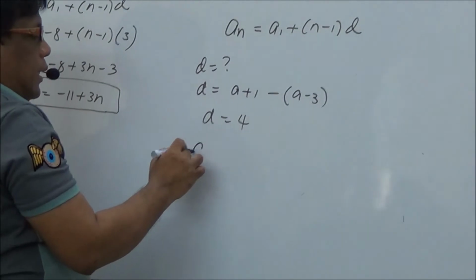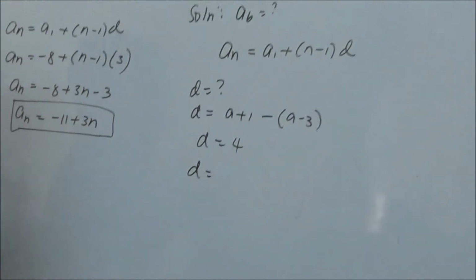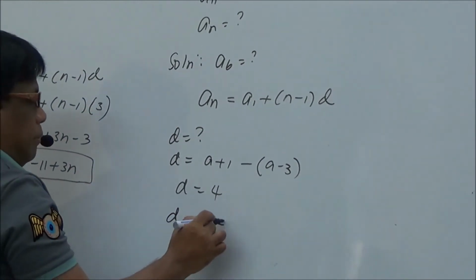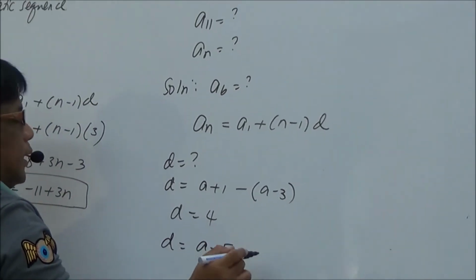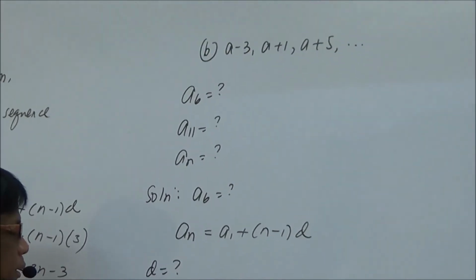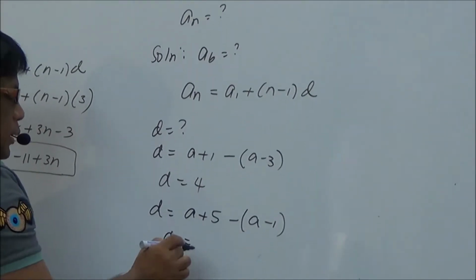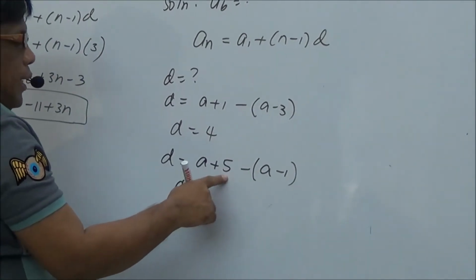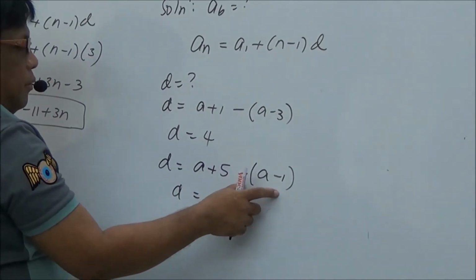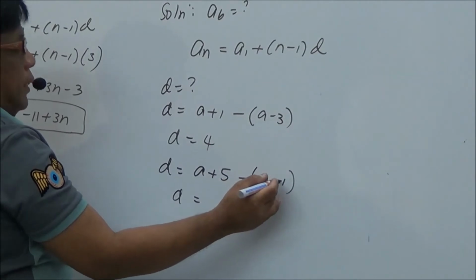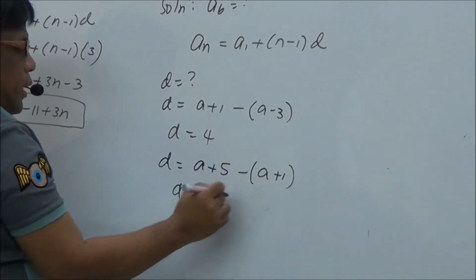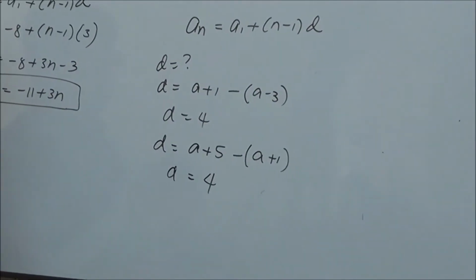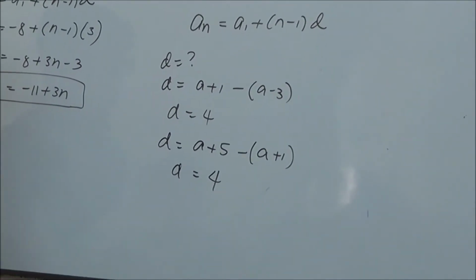Let us take another difference of two successive terms. That is now a plus 5, which is the third term, minus the second term, a plus 1. So in defining now the difference, we have a minus a is 0, then 5 minus 1 is now equal to 4. Okay? So as you can see, we have a common difference, which is 4.